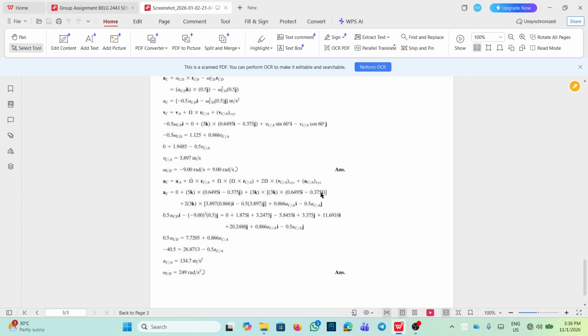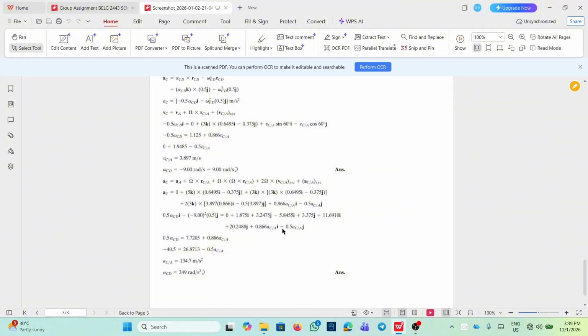Then we substitute all the known values, and we get negative 0.5 alpha CD i minus negative 9 squared 0.5 j equals 0 plus 1.875 i plus 3.2475 j minus negative 5.8455 i plus 3.375 j plus 11.6910 i plus 20.2488 j plus 0.866 ACA i minus 0.5 ACA j.